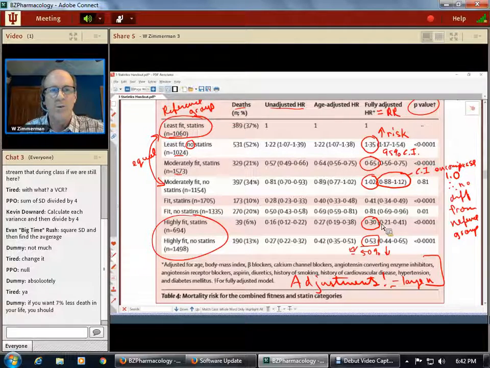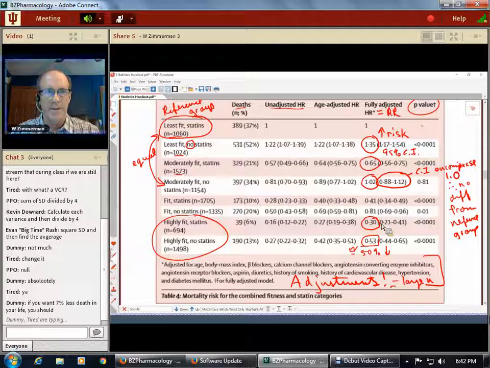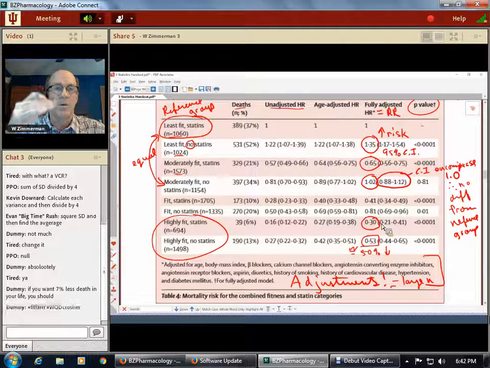So when you look at those two groups, a person who's highly fit still benefits from having a statin. You can think of exercise or statin as lowering the relative risk to 0.5, and then adding the other one on, whether it's exercise or a statin, as cutting the risk in half again. So you go from 1 to 0.5 to 0.25.